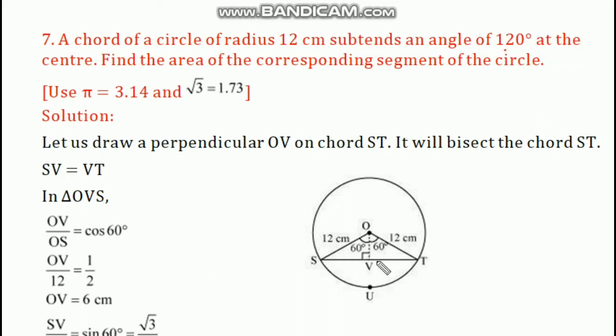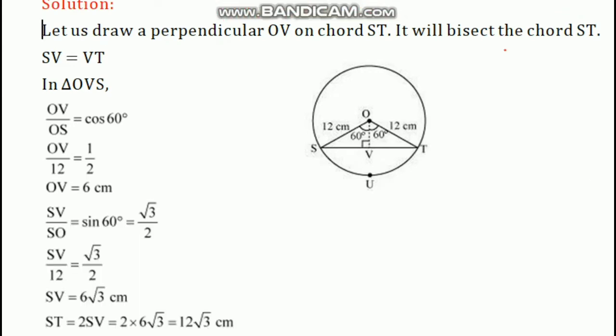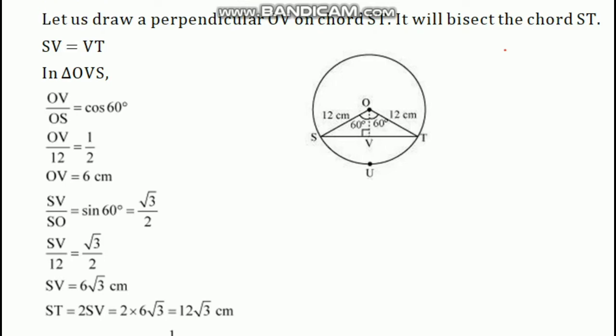Next we need to find SV. For SV, here we know the hypotenuse and this is the opposite side. So hypotenuse and opposite, that is sine theta. Sine theta equals opposite by hypotenuse.